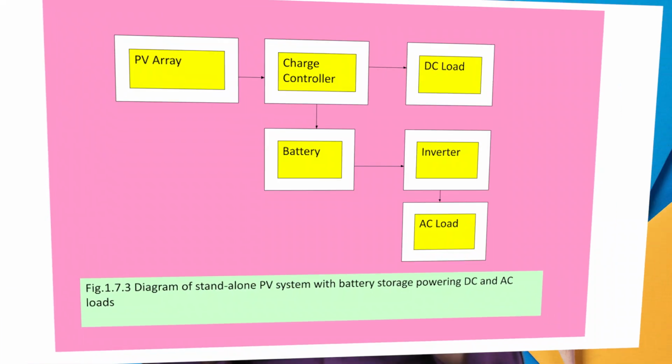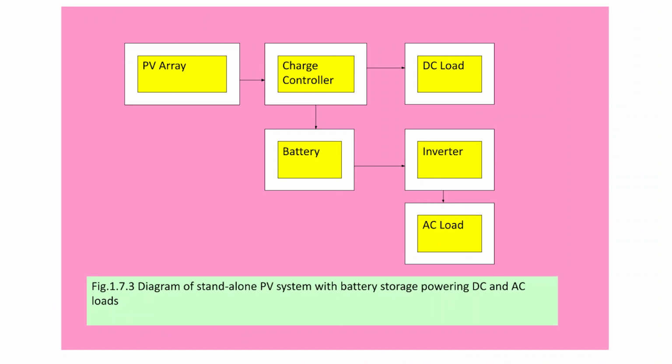In many standalone PV systems, batteries are used for energy storage. The figure shows a diagram of a typical standalone PV system powering DC and AC loads. Here you can see the standalone PV system with battery storage powering DC and AC load.